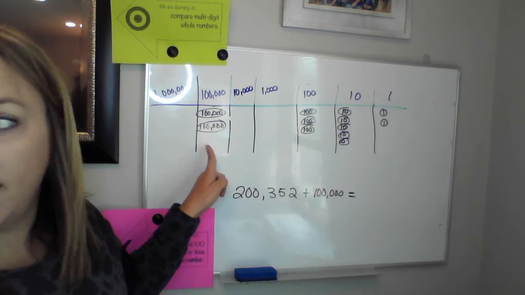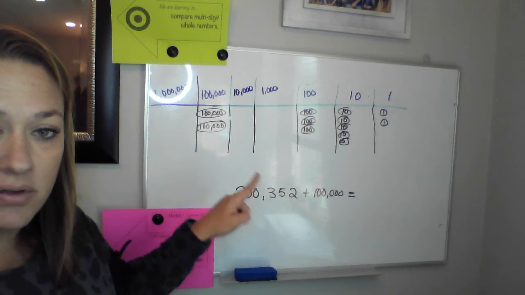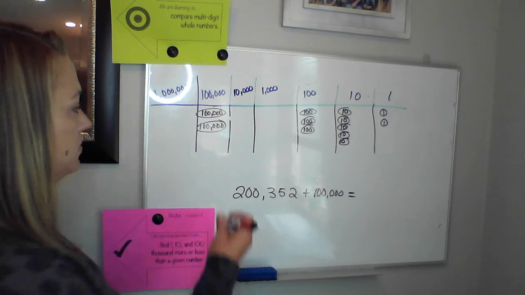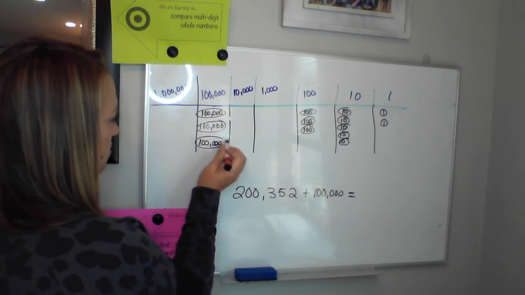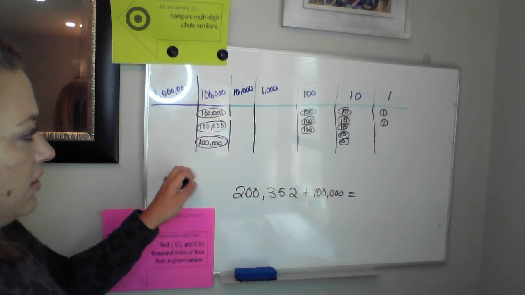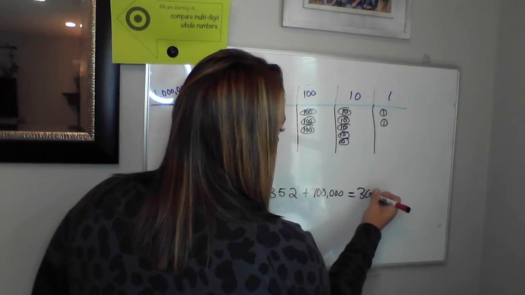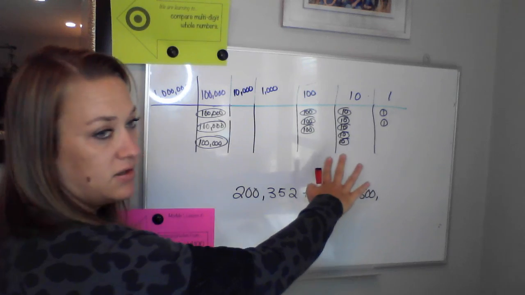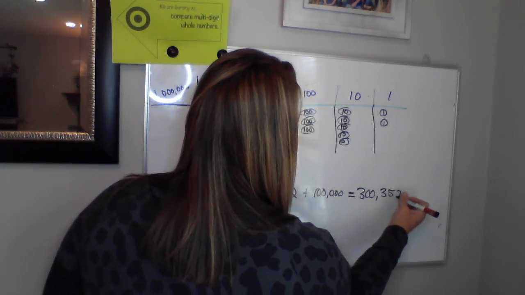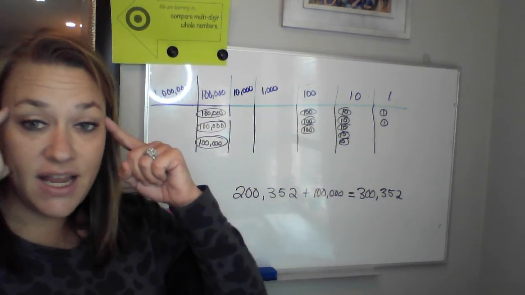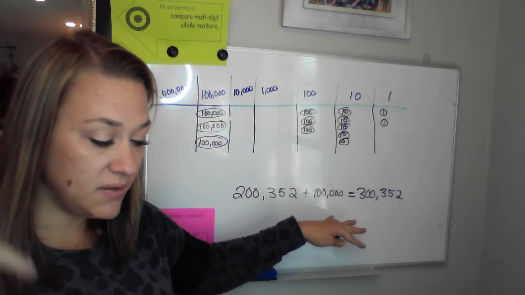I'm just going to add my 100,000s. I'm going to add one more group. And now we can look at this and I have 300,000s. And these didn't change because I didn't add any to it. So it's still going to be 352. Is that what you guys got in your head? 300,352? If so, pat yourself on the back.